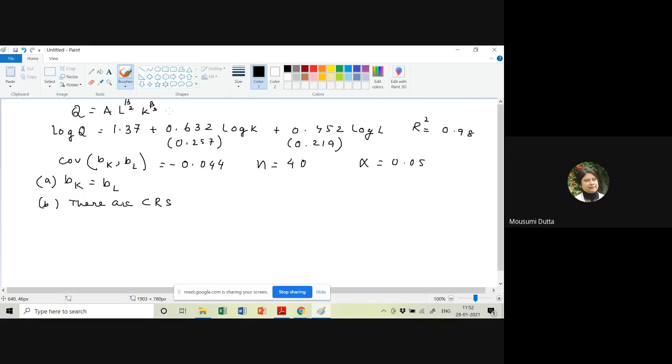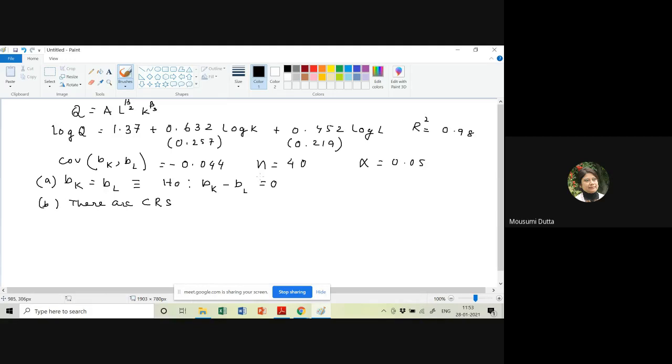Now, any idea how we will proceed for part A? BK is equal to BL. You need to test BK is equal to BL, which is equivalent to, actually your null hypothesis is H naught: BK minus BL is equal to 0.